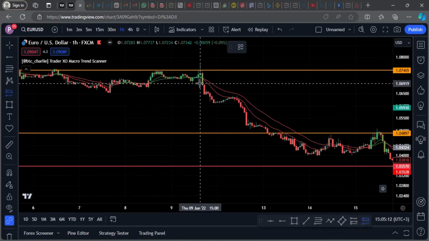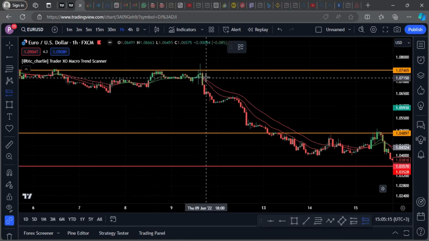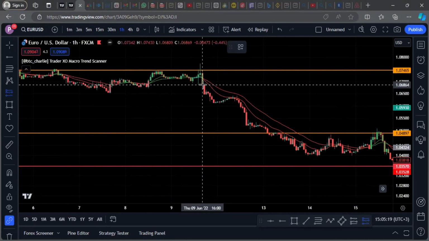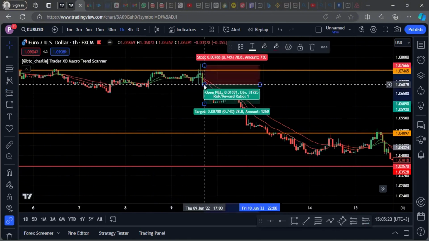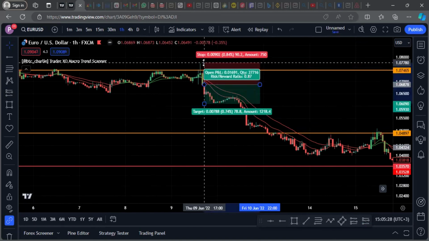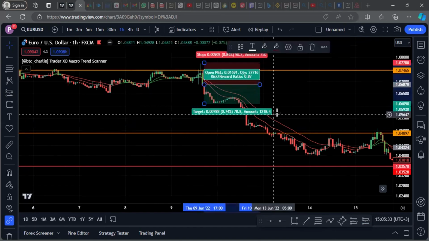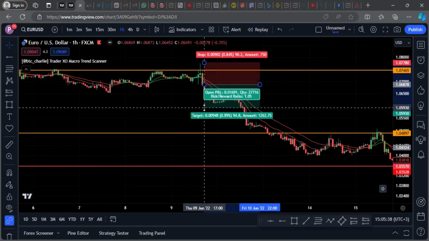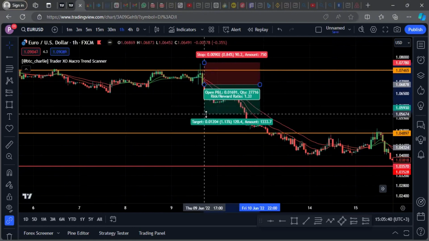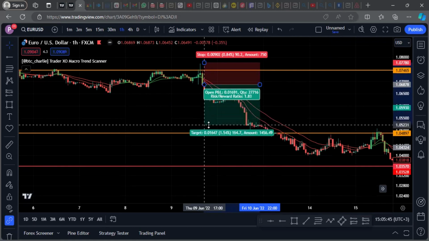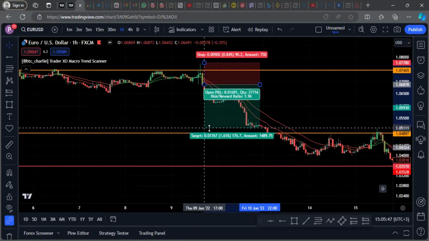So do not just jump in. Here we have the moving average crossover. You will wait for that moving average crossover. Now you will be looking for your entries here and your stop loss above the resistance zone. And remember, we are looking to risk at least 1% to get 1.5% or even 2%.